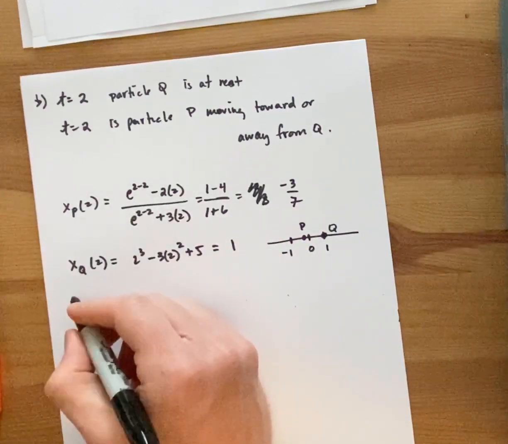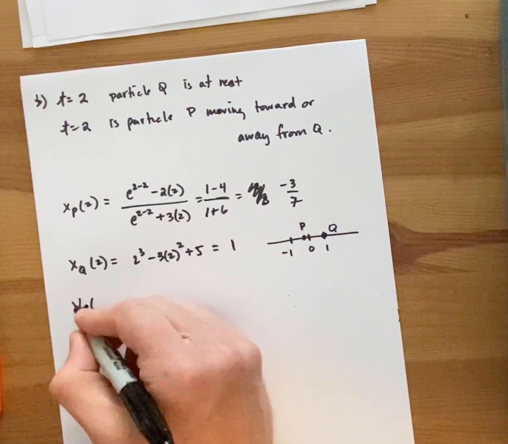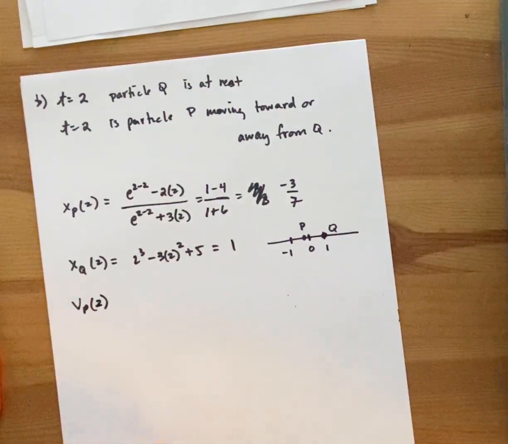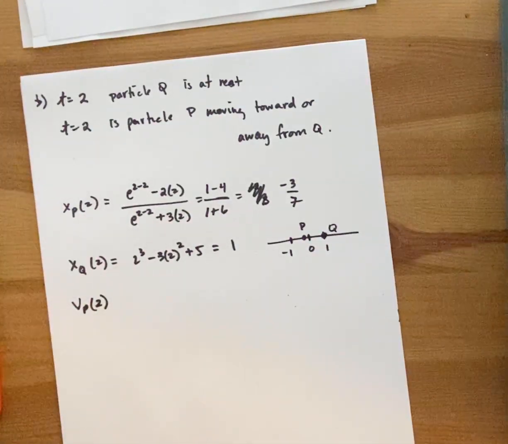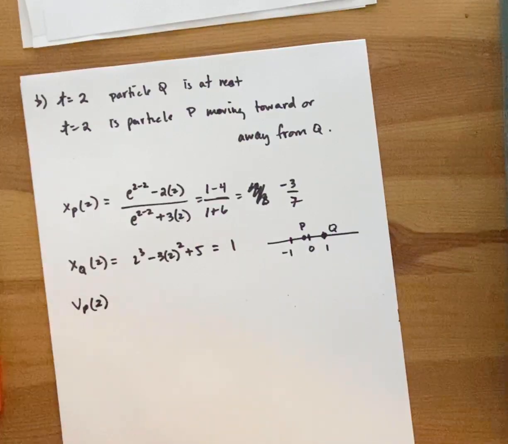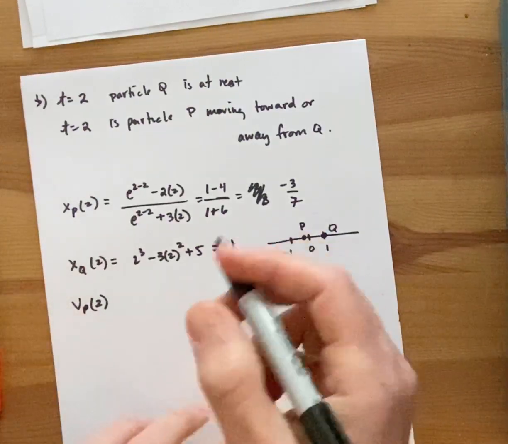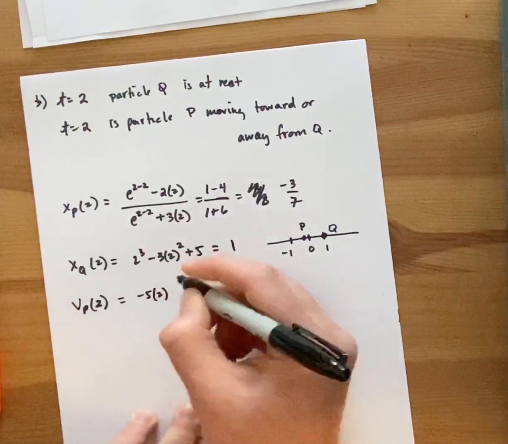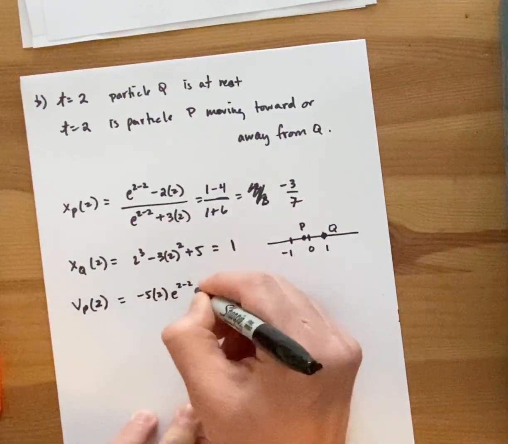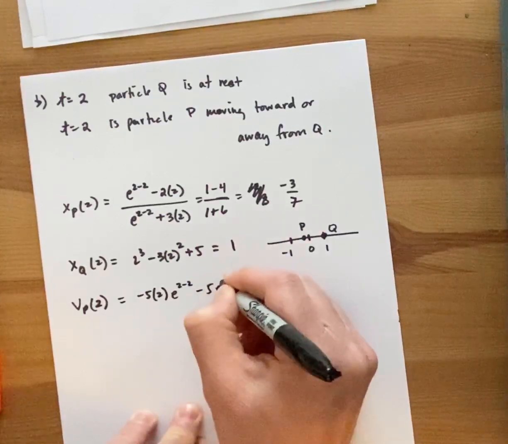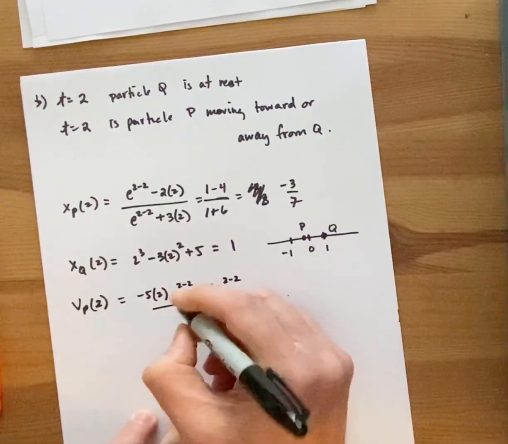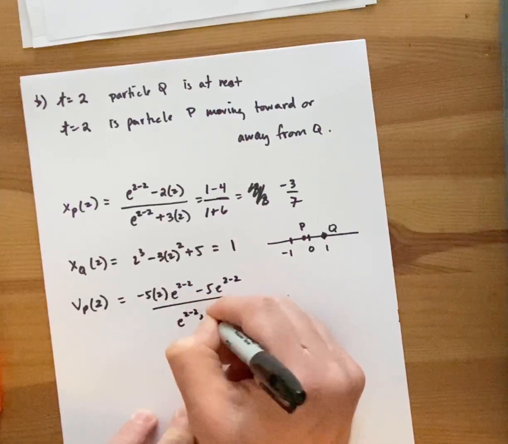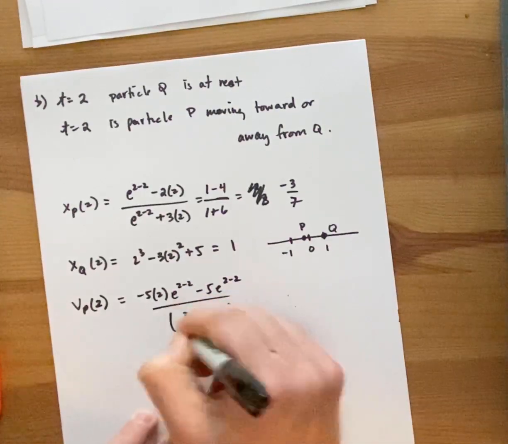So I'm going to plug that into the velocity of P at 2, and you can see that we did that in the first problem, right? We got that velocity, or we just showed that that velocity existed. So it would be negative 5 times 2 e to the 2 minus 2 minus 5 times e to the 2 minus 2 over e to the 2 minus 2 plus 3 times 2 squared, right?